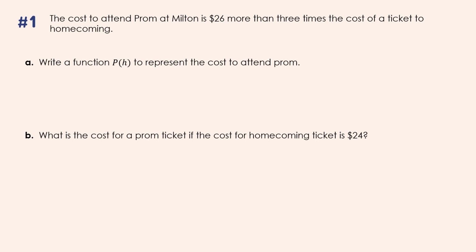The cost to attend prom at Milton is $26 more than 3 times the cost of a ticket to homecoming. Write the function P of H to represent the cost to attend prom. Okay, so we know it's going to be P of H equals. When you're saying that it's 26 more, that means you're going to be adding 26.